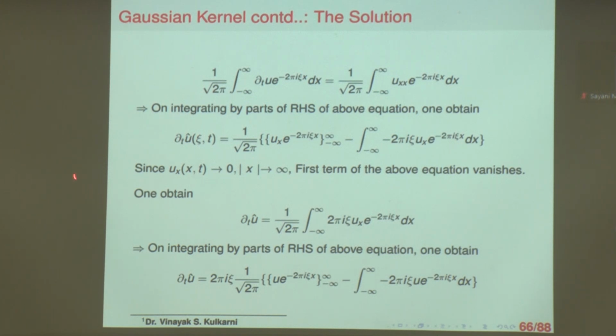As we are applying the Fourier transform on both sides of the equation, or both terms of the equation, this is the derivative of u with respect to t. We are applying its Fourier transform as that integral, and this 1 upon root 2 pi is actually a normalization coefficient.